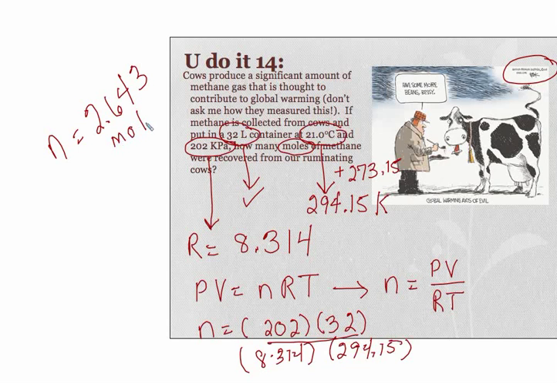Now, a word about significant figures here. Notice that the volume has two significant figures, and that's 32 liters. R we consider a constant. The pressure has three significant figures.